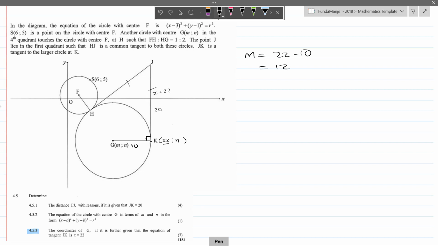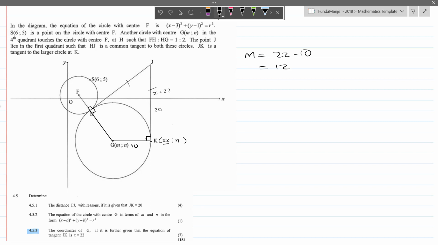Once we know the value of m, it's also important that we recognize that here is a possible radius. Let me try to draw that more accurately. Something like that. Cool. So in this case, it's important to understand that this is a 90-degree angle over here, and this is also a 90-degree angle over here.